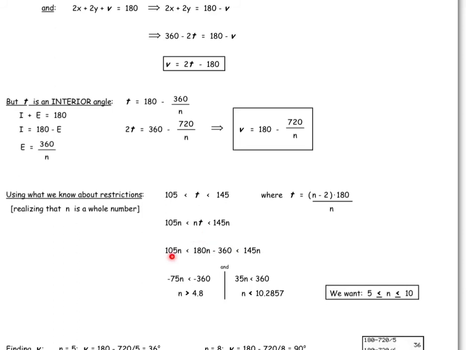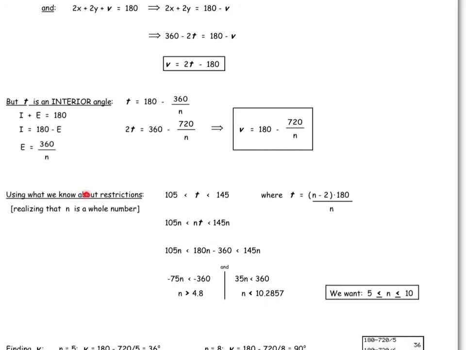Because this is a rather complicated inequality, I broke it up into two halves. And I did 105n less than 180n minus 360 on this side, and then I did 180n minus 360 less than 145n on this side. This gave me bigger than 4.8, and this one gave me less than 10.2.